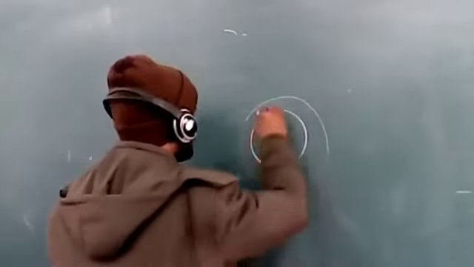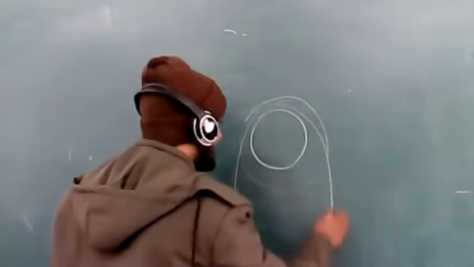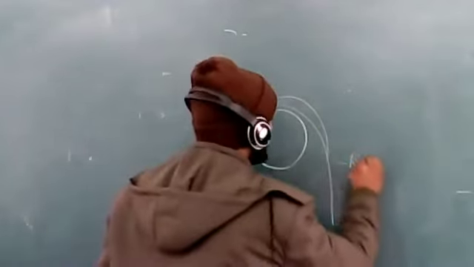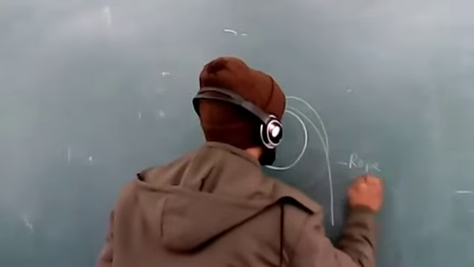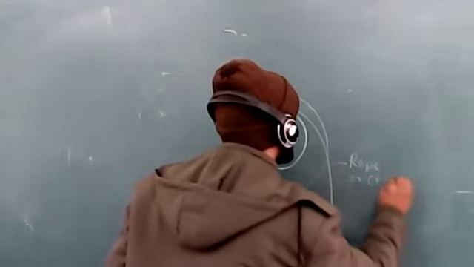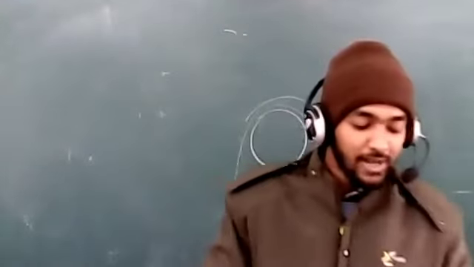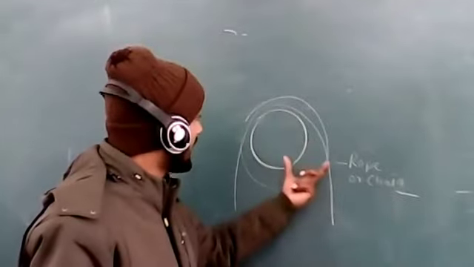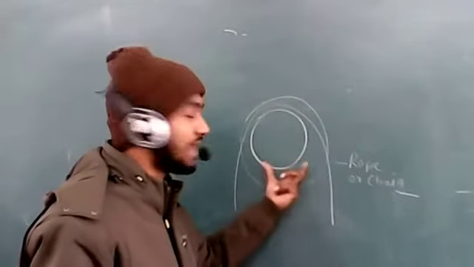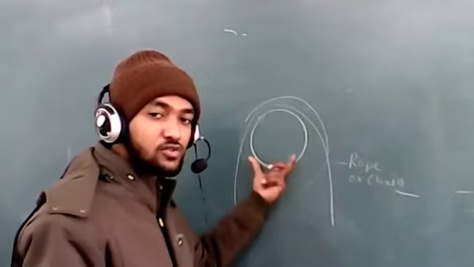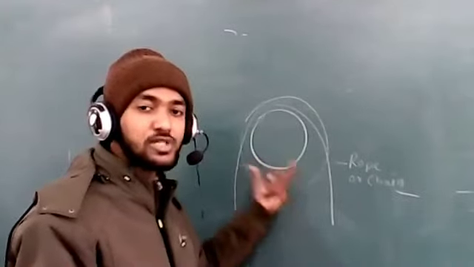In this groove, what do we fit? We fit rope or chain. The groove helps to keep the rope in position, so due to this groove, the rope stays in position and does not slide anywhere.